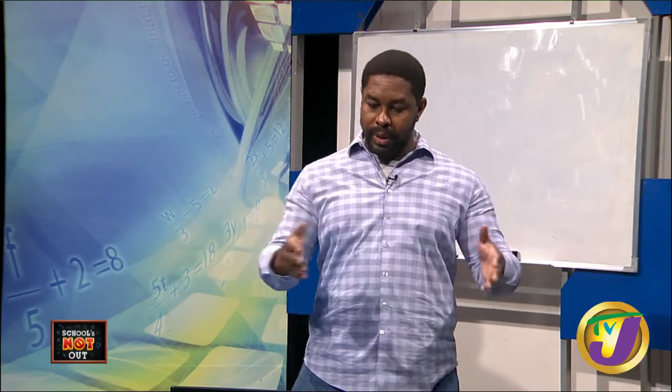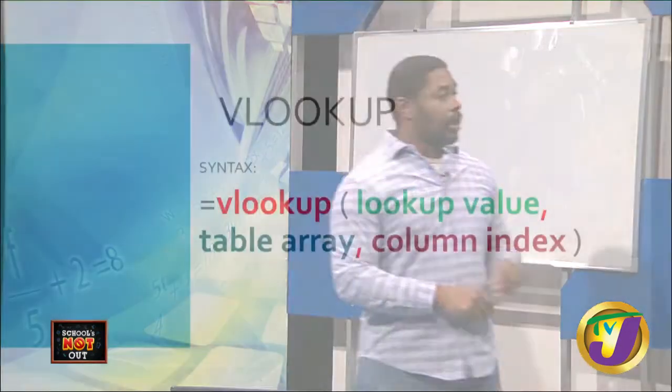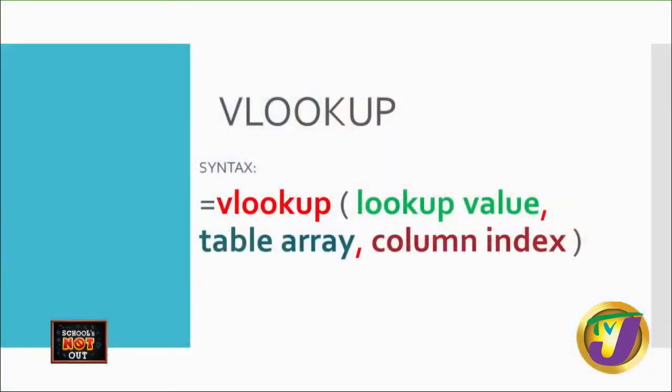So the context of it looks like equal sign, and of course you always start a function or formula with your equal sign. Then you have lookup or VLOOKUP. Now you can use any form of lookup that you want, but the most common one is VLOOKUP. You have one called LOOKUP, you have one called HLOOKUP, but the most common one is VLOOKUP. So after you have your equal sign, you have this VLOOKUP stating that this is the function I intend to use.